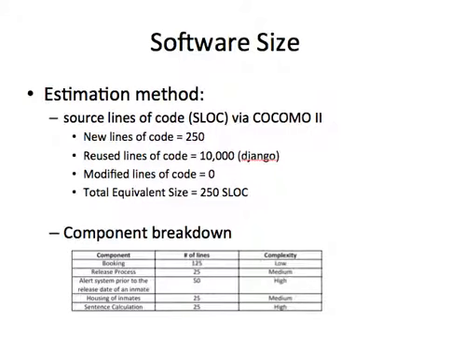For software size estimation, we went with source lines of code via COCOMO 2. We have approximately 250 new lines of code for our first iteration. We're reusing 10,000 plus lines of Django, but we do not have to modify any of it, so it should be fairly manageable, and the equivalent size is 250 lines.